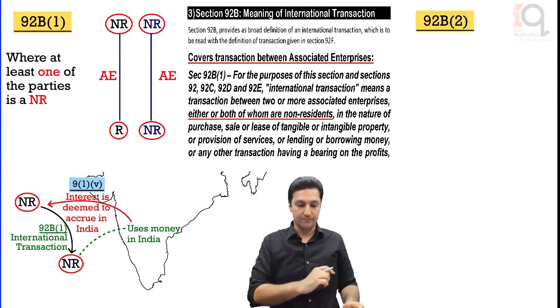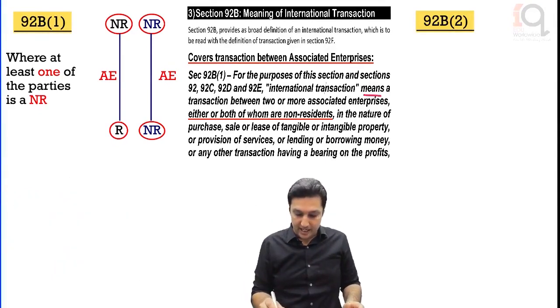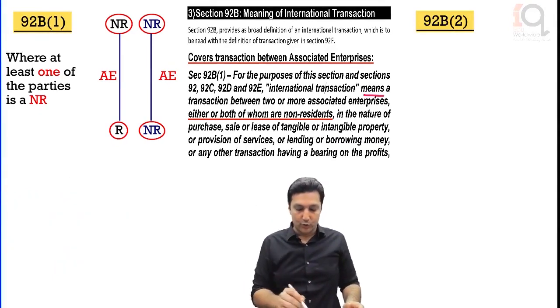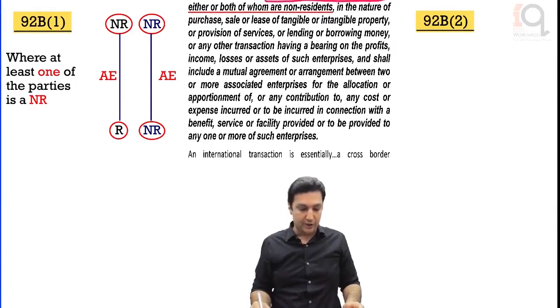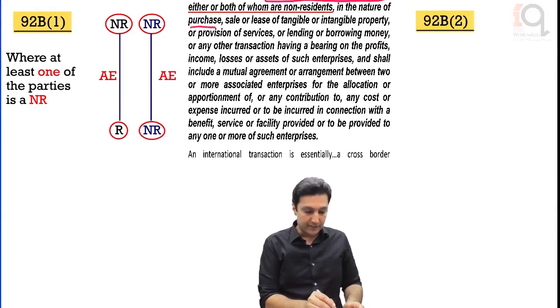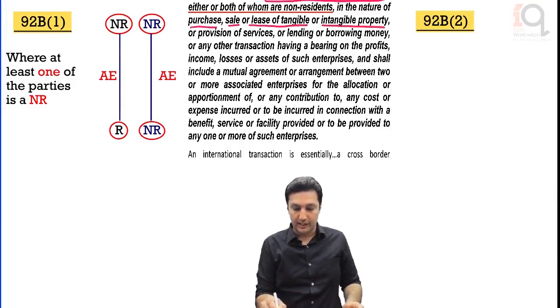So he says, international transaction means a transaction between 2 or more associated enterprises, either or both of whom are non-residents, in the nature of purchase, sale or lease of tangible or intangible property.